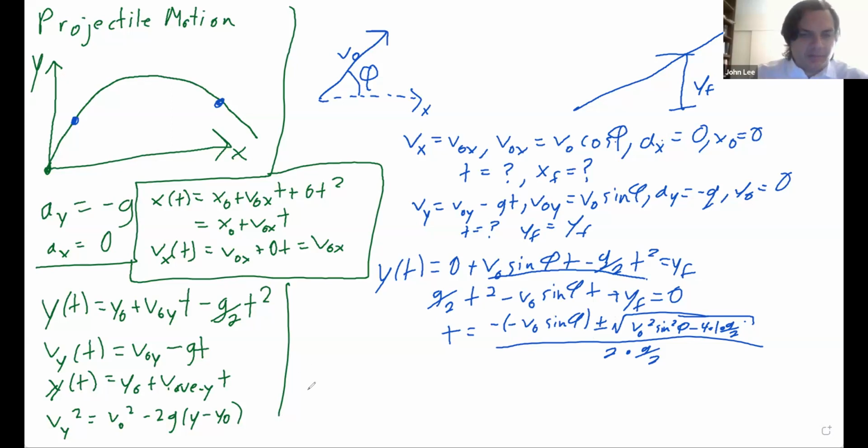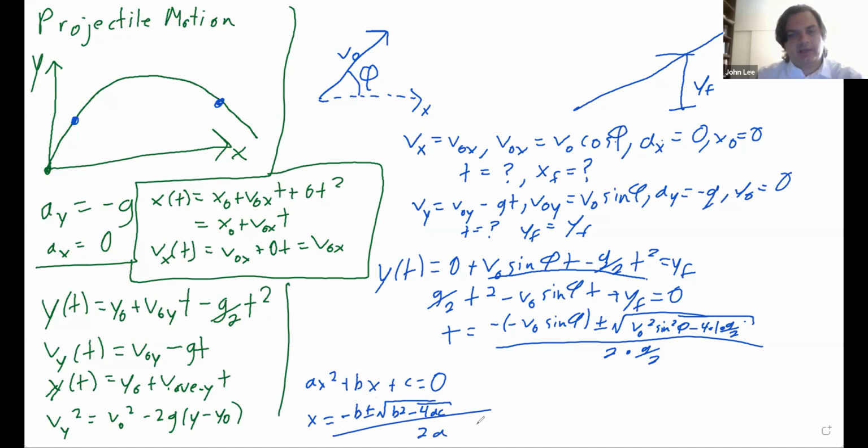And if you don't remember, the way that we got that is if we have a formula ax squared plus bx plus c equals 0, then the way to solve for x is that x equals negative b, whatever's the coefficient for x to the 1 power, plus or minus the square root of b squared minus 4 times a times c, all over 2a.